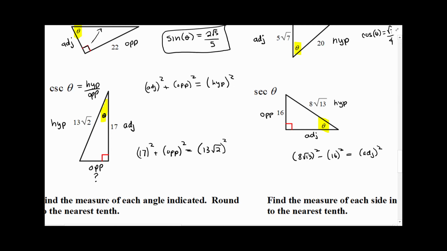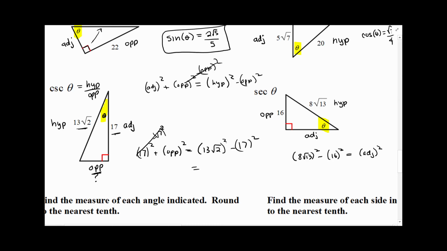Well, we want to get this opposite by itself, so we're going to subtract the adjacent squared from both sides. So that's what I did here. So 17 squared plus the opposite side squared equals this side squared. Well, we're going to subtract the 17 squared from both sides so we can get the opposite side.